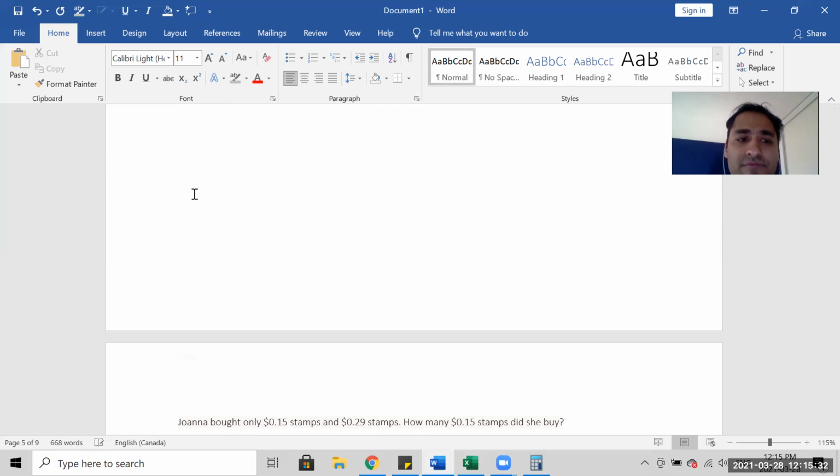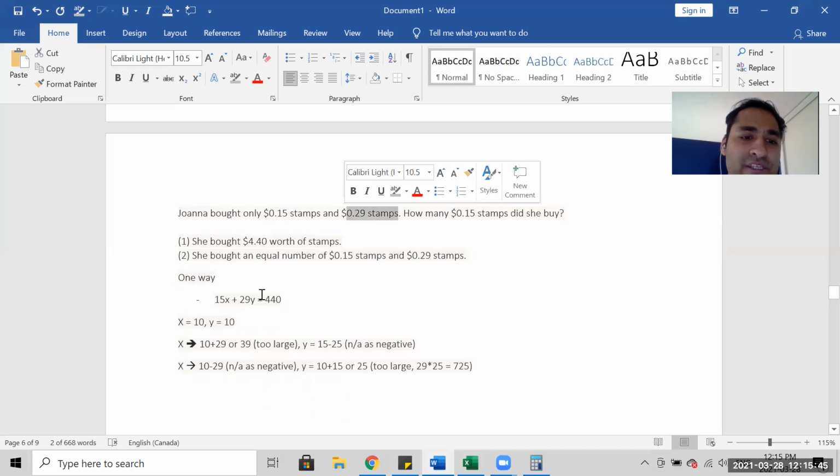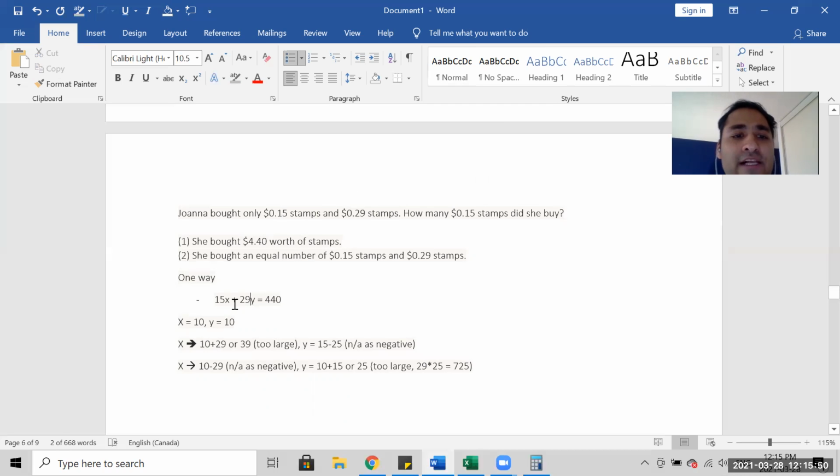The Joanna problem. So S2 is obviously insufficient. S1, I obviously know, peeking into S2, that x can be 10, the 15 cents can be 10, the 29 cents can be 10, that gives me 440. But can there be other values?